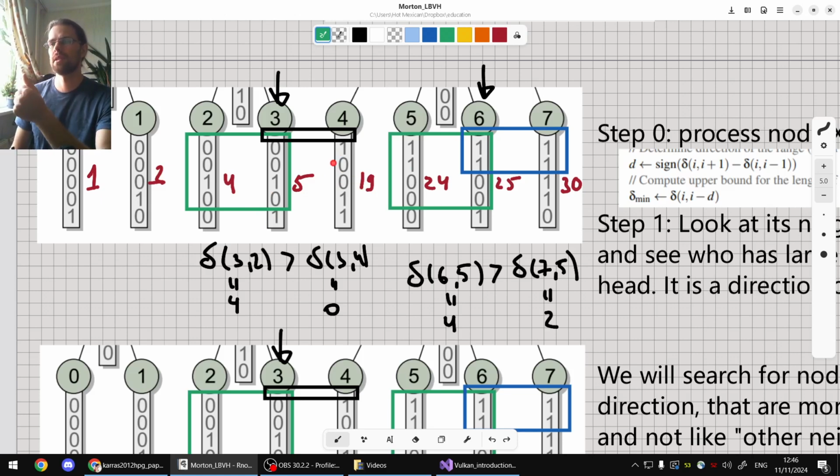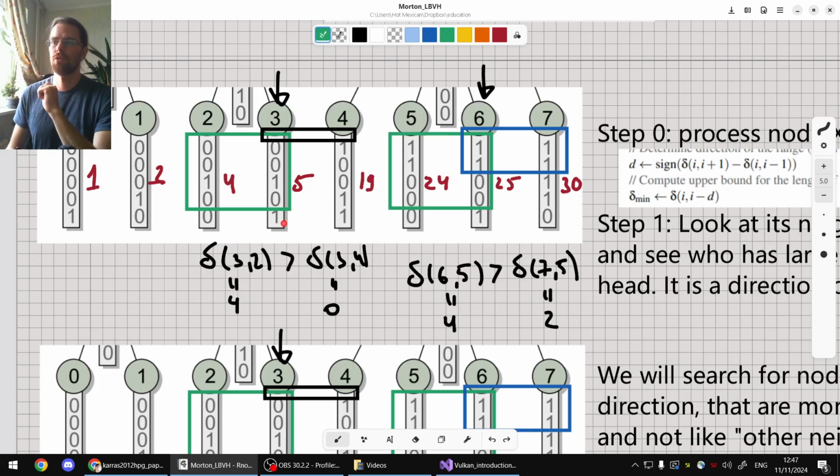So it says that to the left we get a node that is very much alike, and we are interested in this direction, in which we will search for nodes that are similar to us.